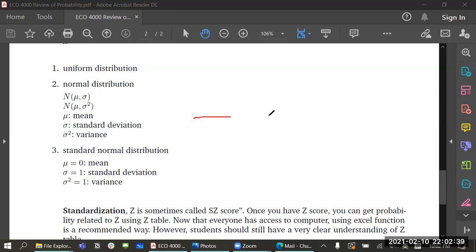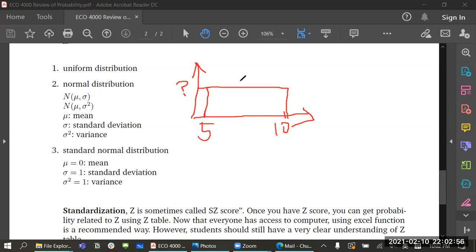Let me do one more example. Let's say this one is 5 and this b, lowercase b, is 10. Now if I ask you to tell me what's the height, can you calculate that? Remember what we said, that if this is a PDF, then the area under a PDF has to be 1.